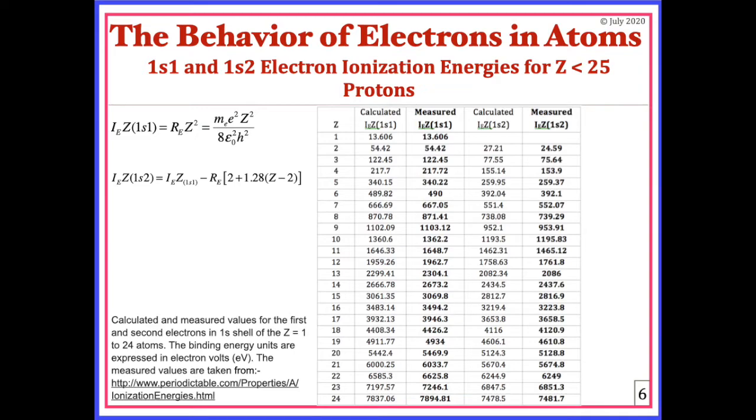This table suggests there is no need to introduce fixed energy quantized orbits to explain electron ionization energies. They are fixed by the number of protons in the nucleus and the screening effect of each electron has on one proton in the nucleus.